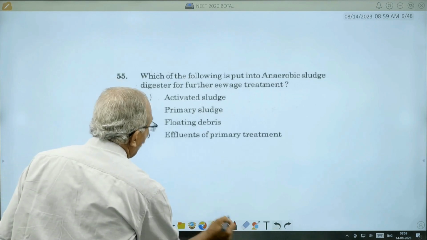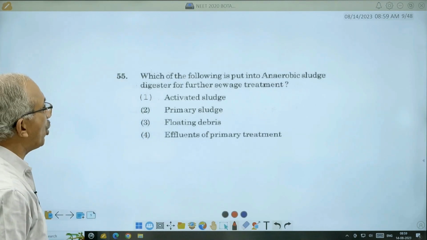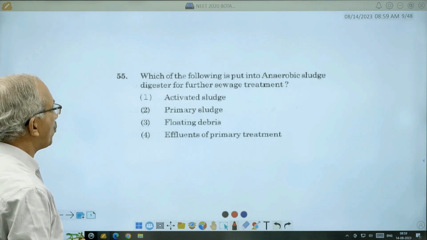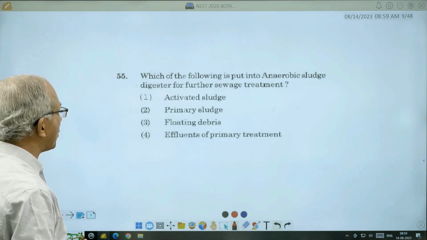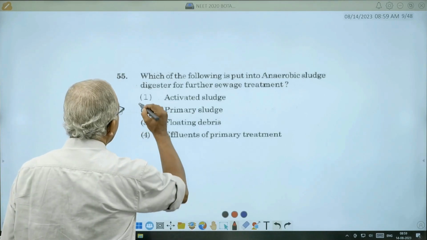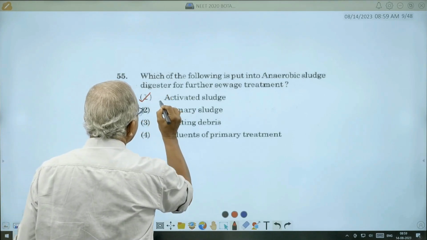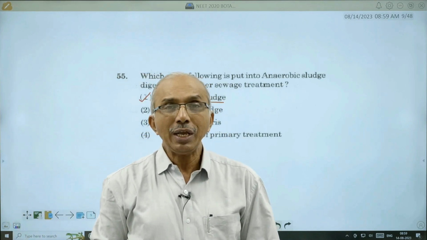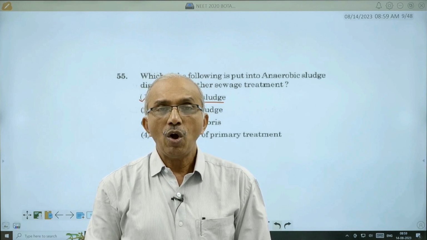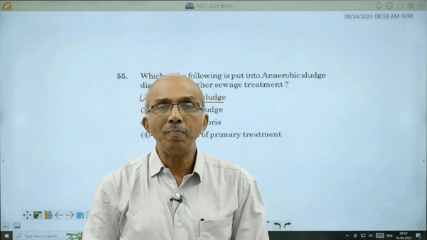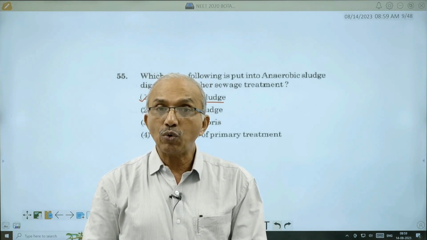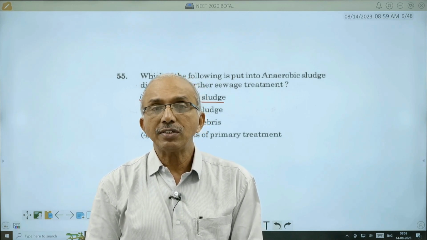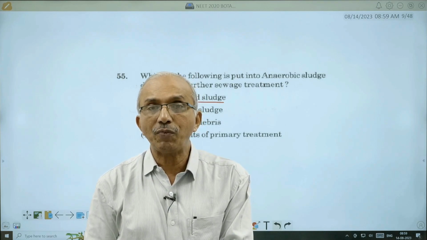Which of the following is put into anaerobic digester for further sewage treatment? Answer is activated sludge. Secondary treatment of sewage consists of two phases. First phase is the aerobic phase. Second phase is the anaerobic phase.